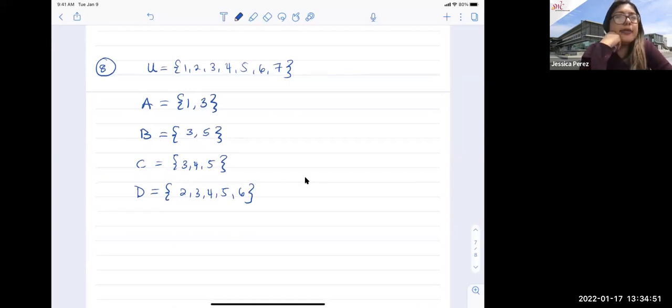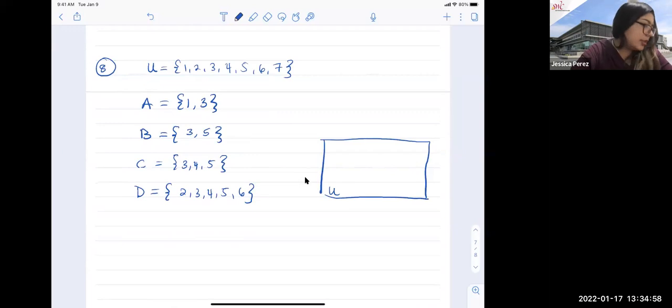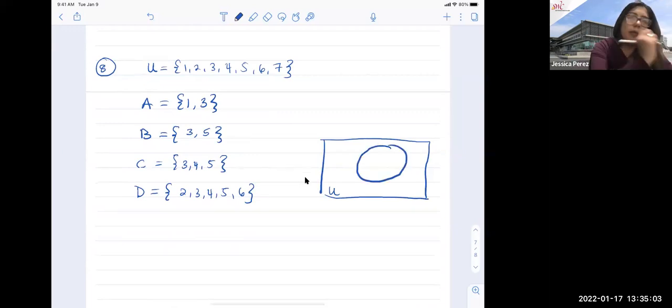And we have a diagram where outside is, of course, our universe that contains the elements 1 through 7. We have on the inside C, this outside one, this big one is C, and then in the inside is B. We want to see if this is true.